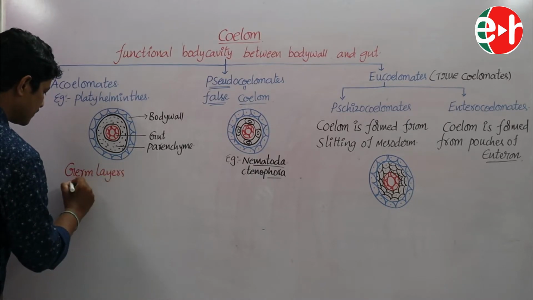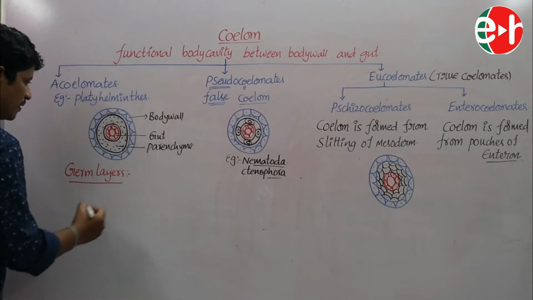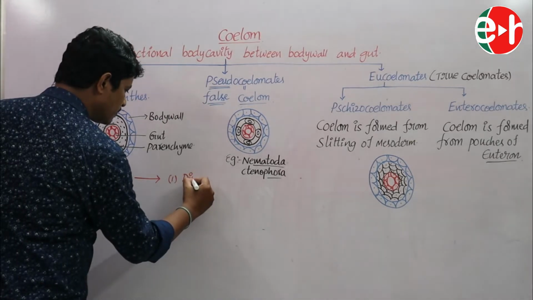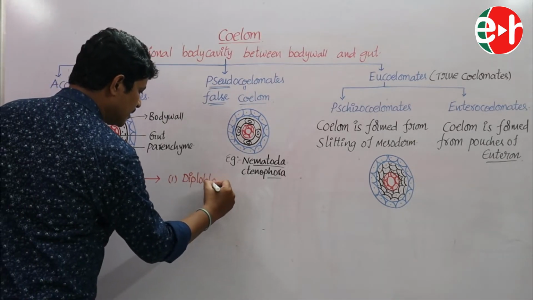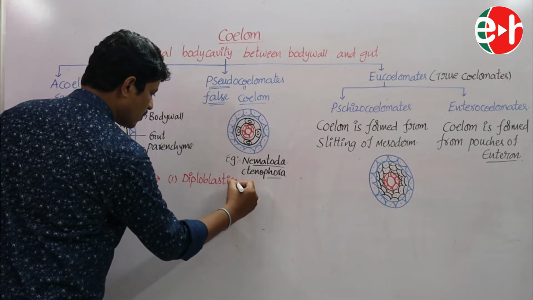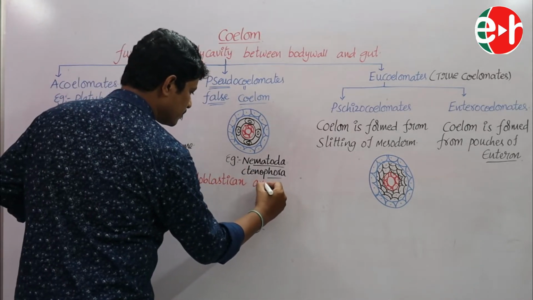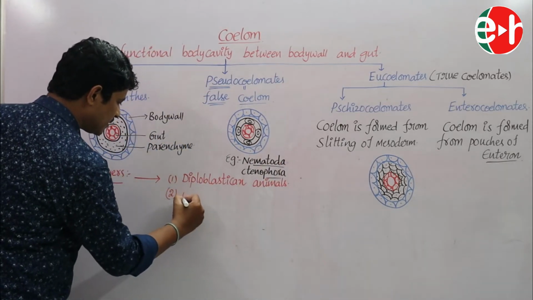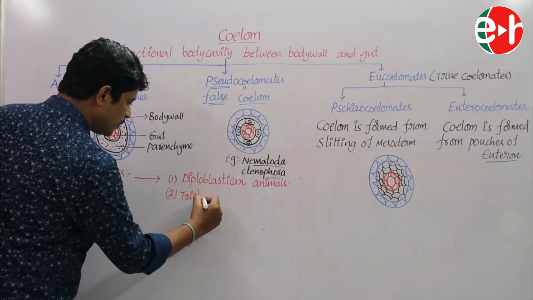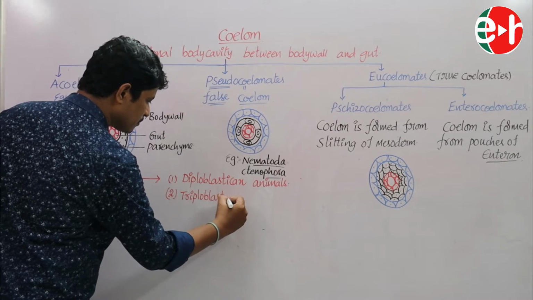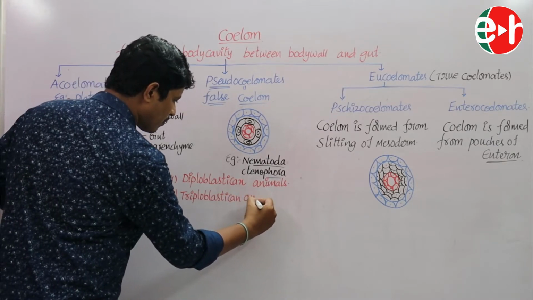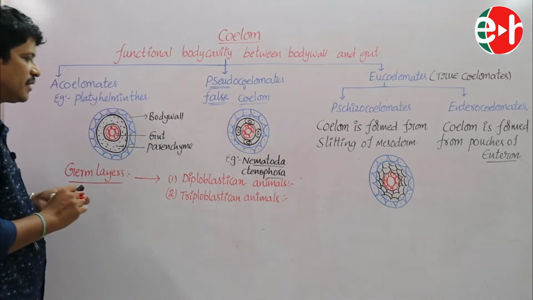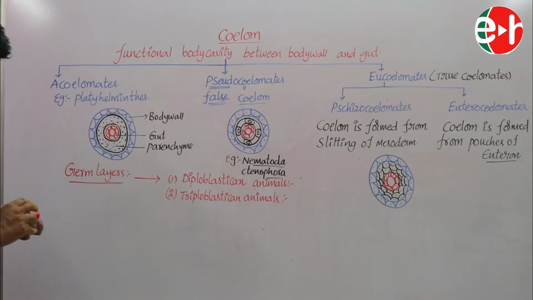Germ layers. These germ layers are divided into two types. One is diploblastic animals, and the second one is triploblastic animals. Diploblastic animals and triploblastic animals.